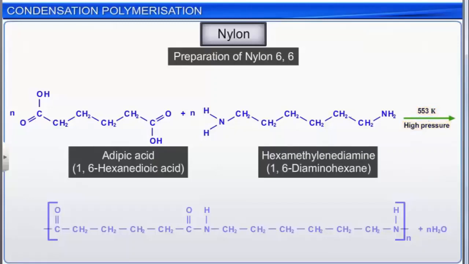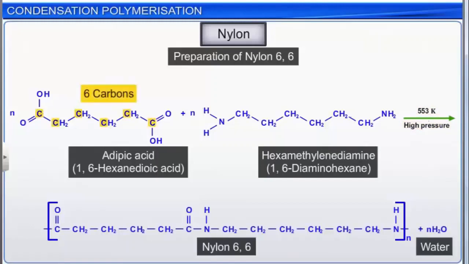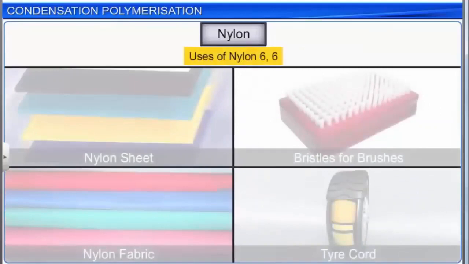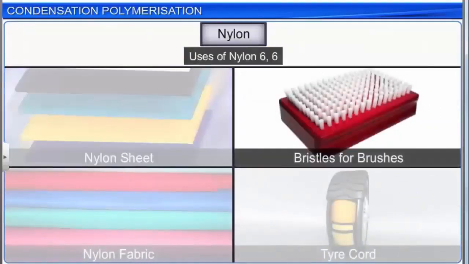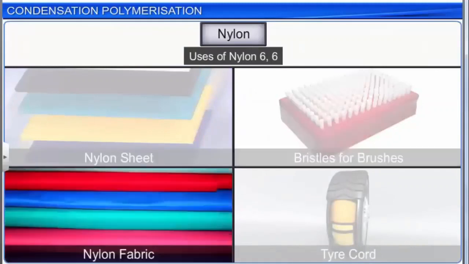This polymer is called nylon 6,6 because there are 6 carbon atoms in each monomer, adipic acid and hexamethylene diamine, that participates in the reaction. Nylon 6,6 is used to make sheets, bristles for brushes, textiles, and tire cord.